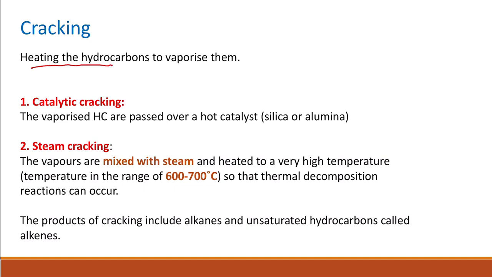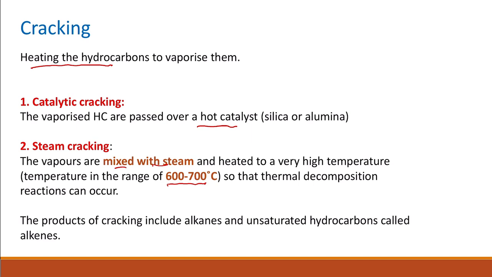And then the vaporized hydrocarbons are either passed over a hot catalyst like silica or alumina, where there is a catalytic cracking where the long chain hydrocarbon will break down to give shorter chain hydrocarbon and an alkene. Or the vapors are mixed with steam and heated to a very high temperature, in the range of 600 to 700 degrees, so the thermal decomposition reaction can occur.